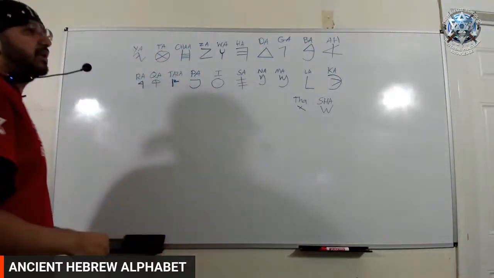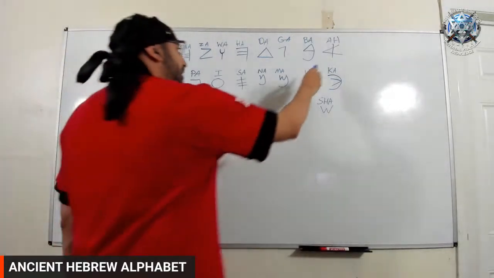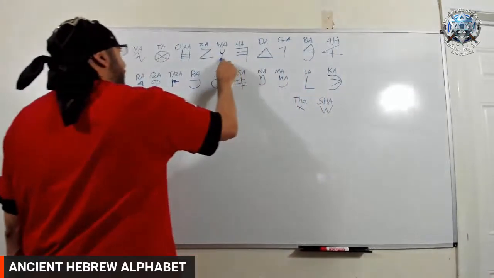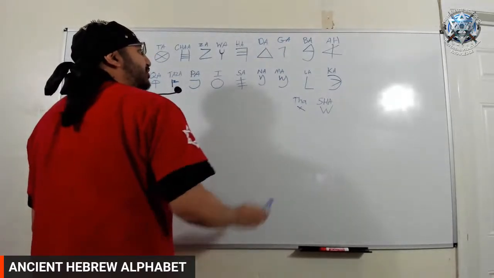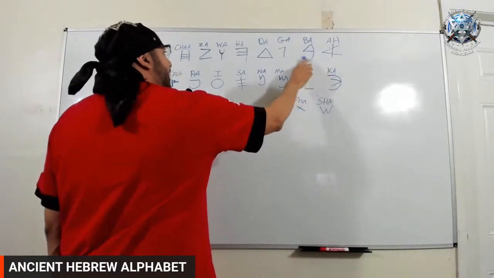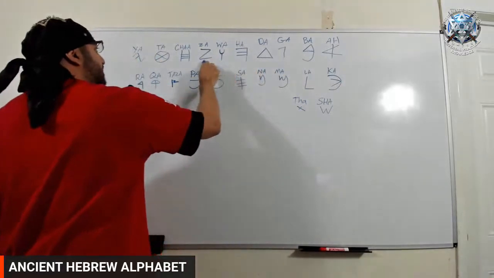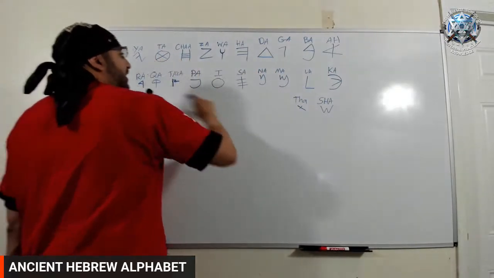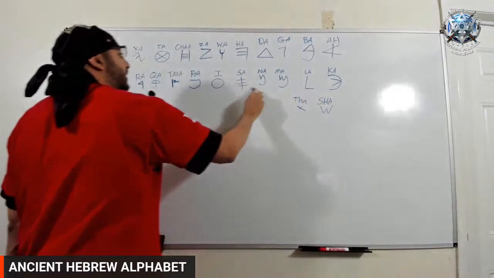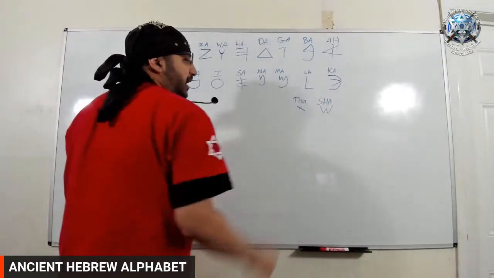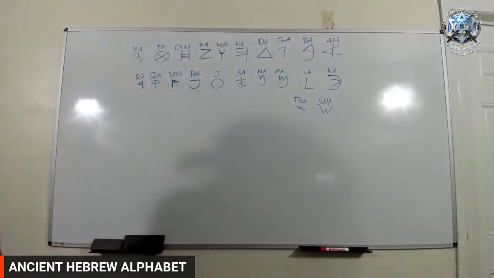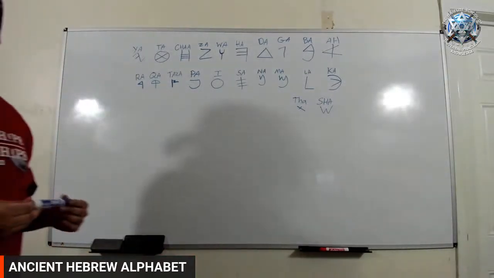All right. Again. Abagadahawaza. That's like in the new if you were marching, you would repeat it, right? Abagadahawaza Kataya Kalamanasa Ipa Tazakwa Ra Sha Tha. All right, that's our alphabet. That's where our language comes from.